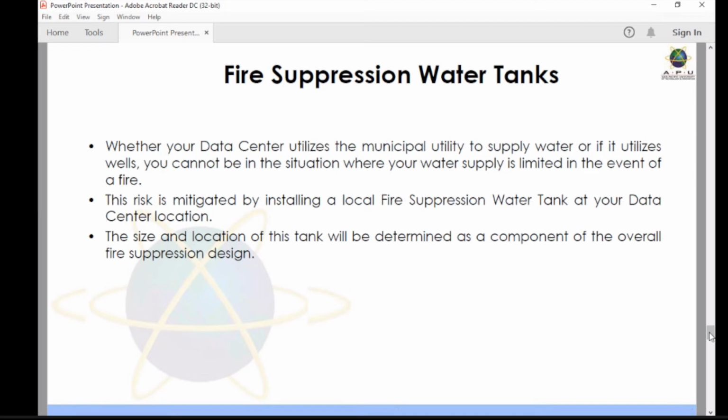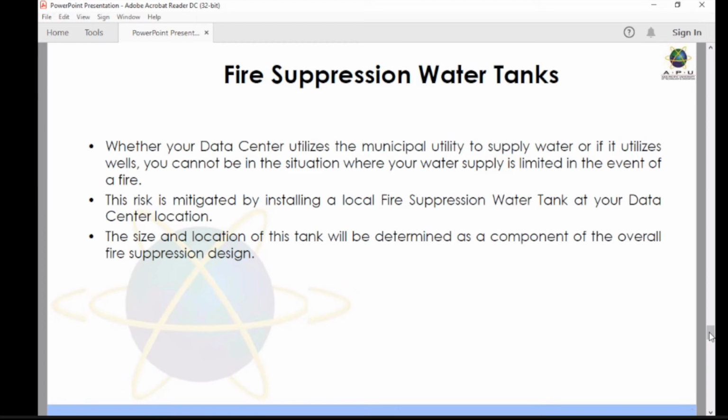Whether your data center utilizes multiple municipal utility water supply, or if it utilizes a well, okay, you cannot be in the situation where your water supply is limited in the event of fire. So if you have a well, or if you use the municipal utility water, okay, the risk is mitigated by installing a local fire suppression water tank at your data center location.